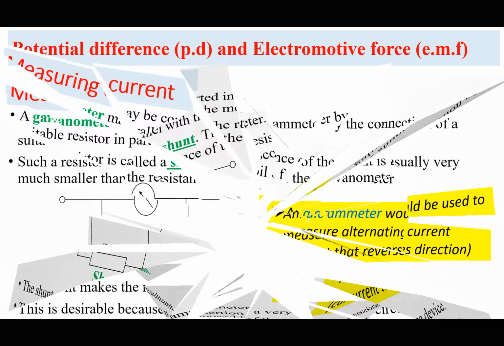So let's talk about the PD and EMF. Having measured current, we should talk about the PD and EMF. So what do we mean by PD and EMF, and what is the difference between them? You might also have talked about this in GCSE.